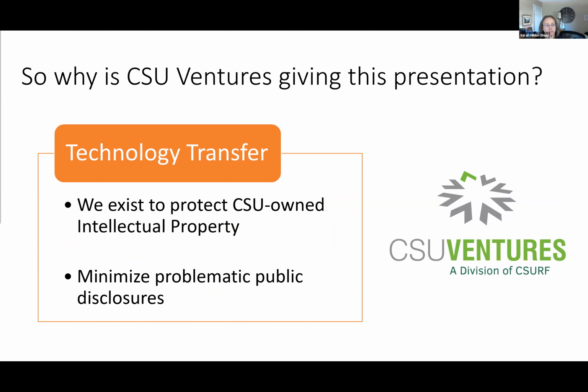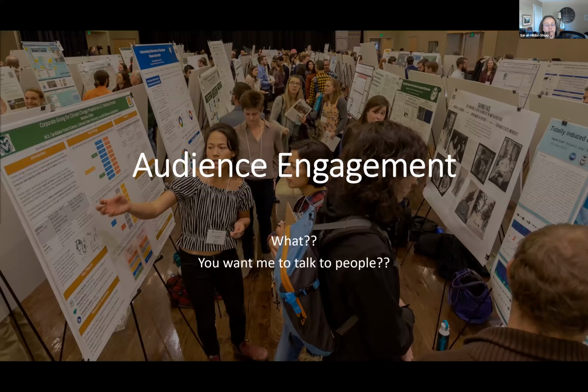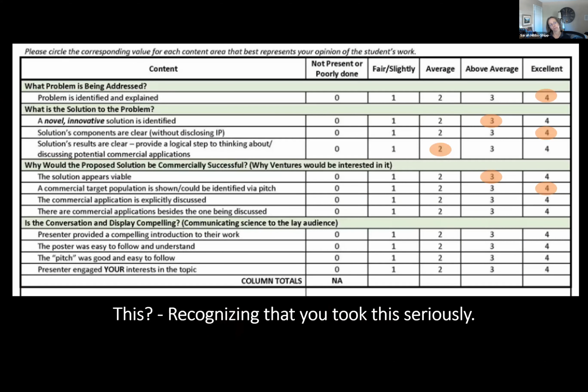And let me see. I think I had it up earlier, but I didn't stay on it very long. Actually, this is the rubric. The difference for demo day is that the values that are assigned: poorly done has a value of 1 or 2, fair slightly has a value of 2 or 3, and average has a value of 3 or 4.